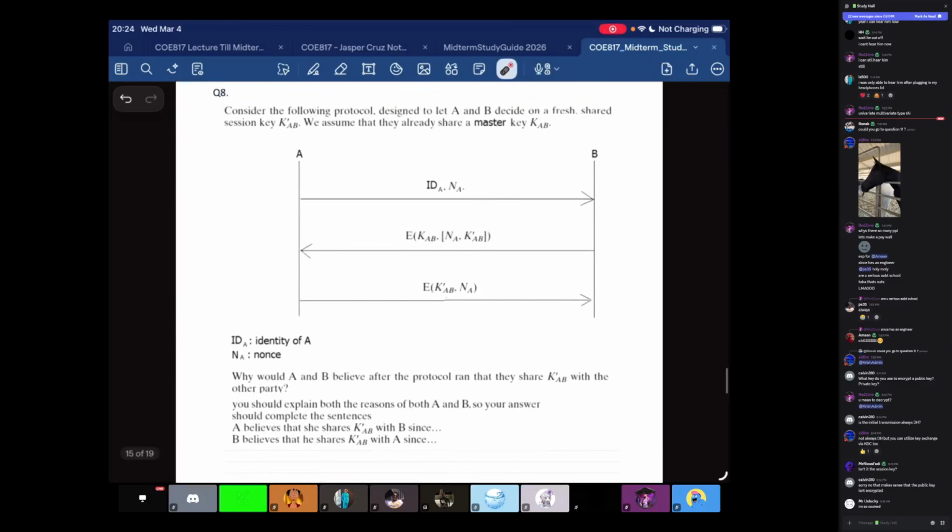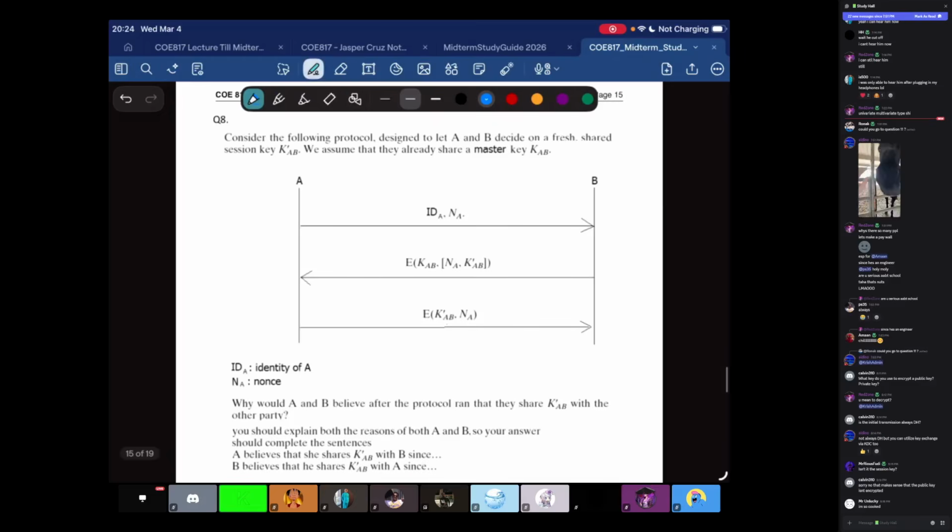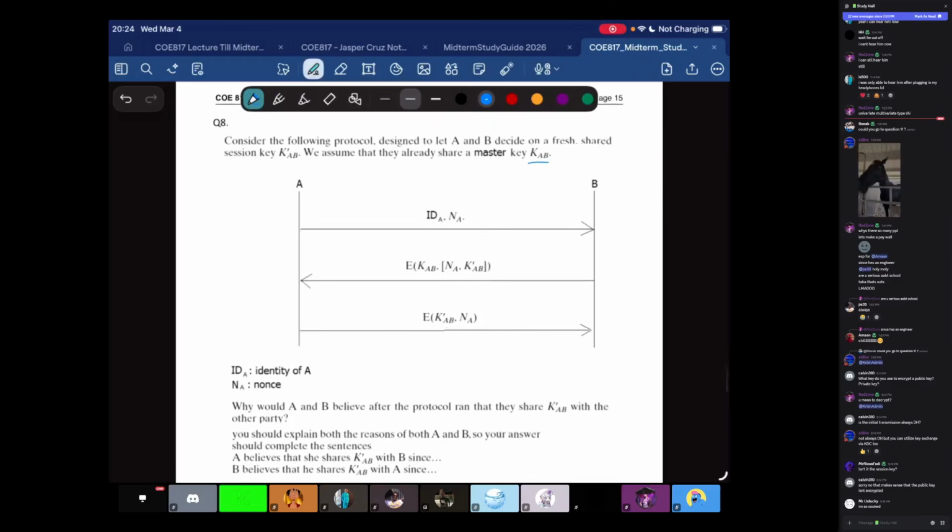Question number 8. Consider the following protocol designed to let A and B decide on a fresh shared session key, K prime of AB. We assume that they already share a master key, KAB.